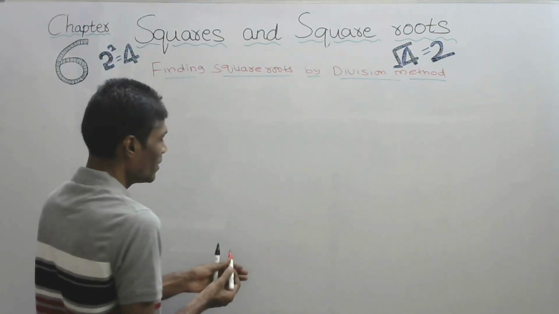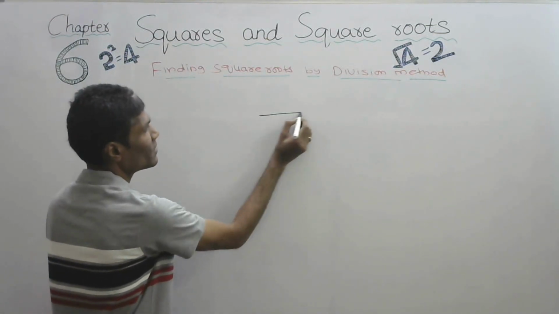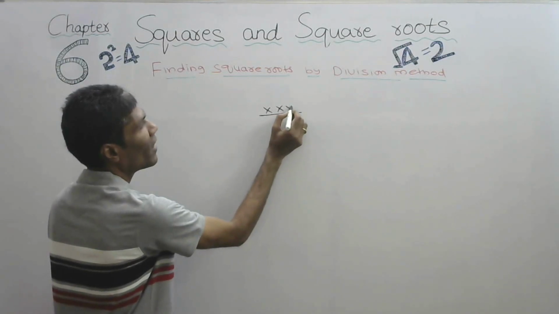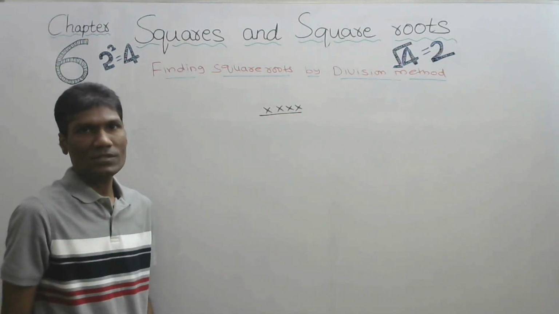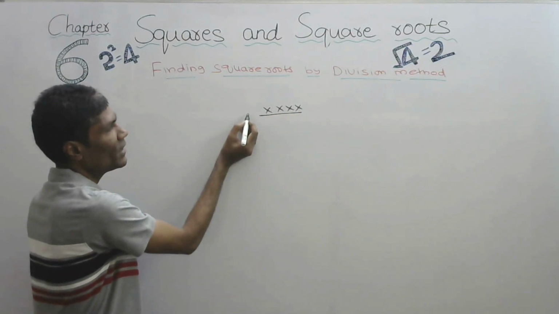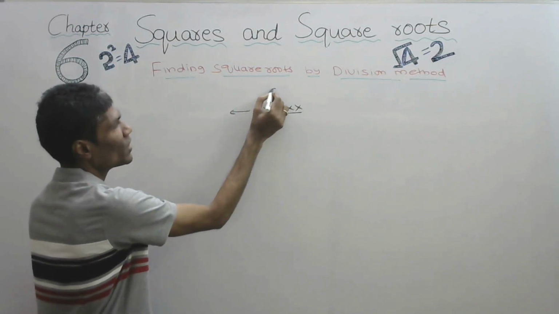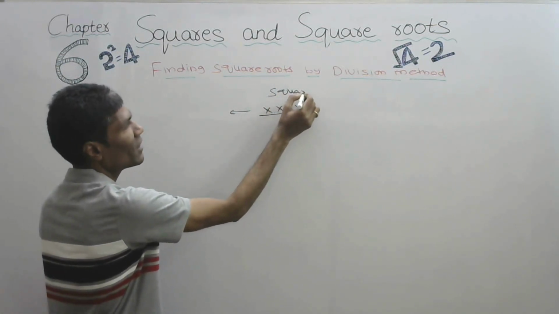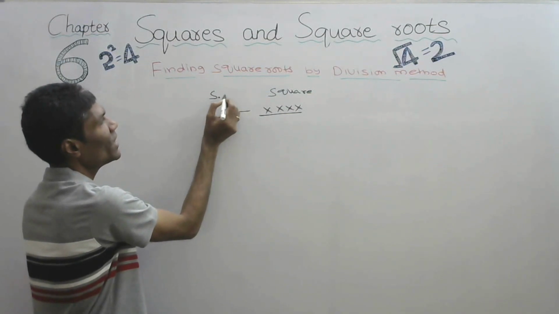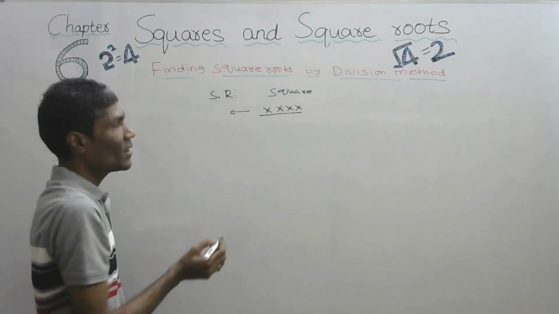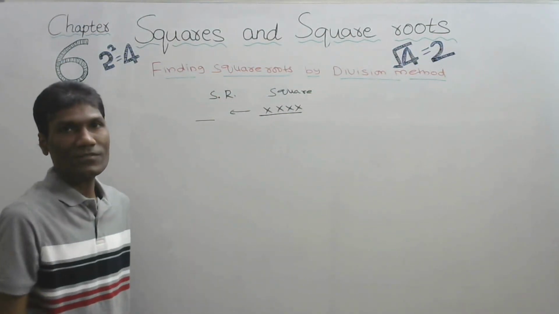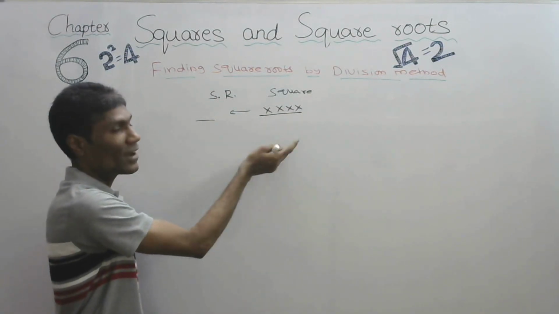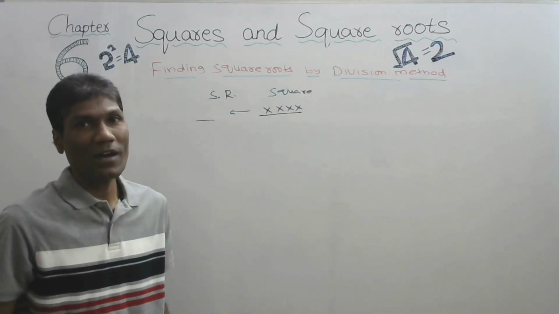Say, for example, one number is there having 4 digits. If you find the square root, this is the square and this is the square root, then how many digits will it have? Is there any relation? Yes, we have a relation.